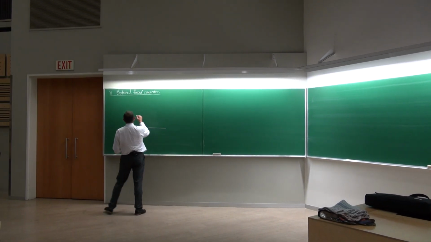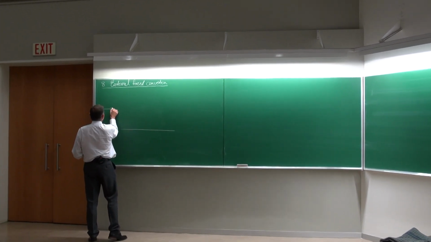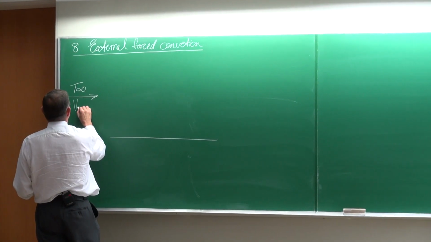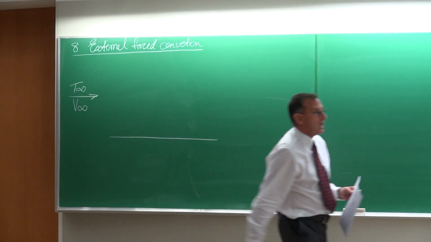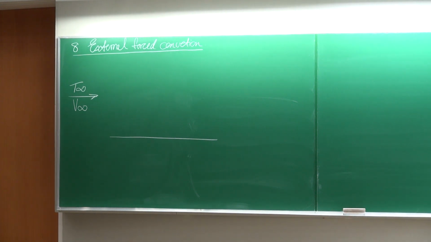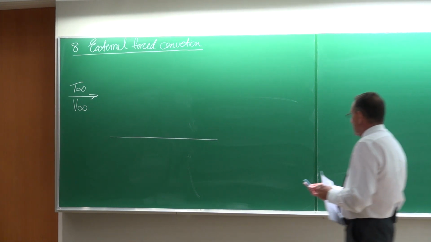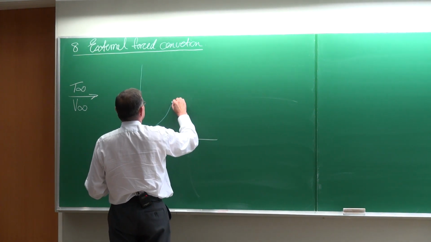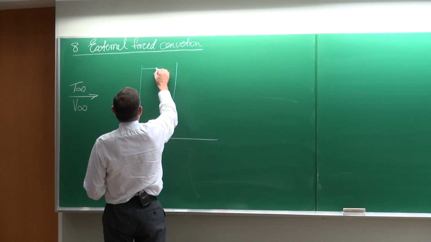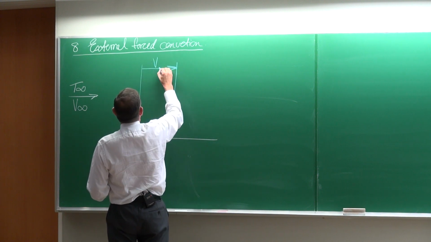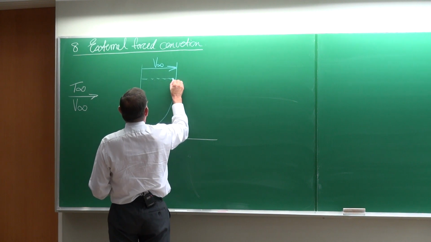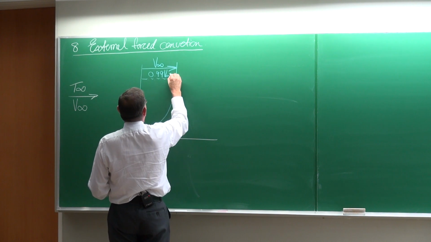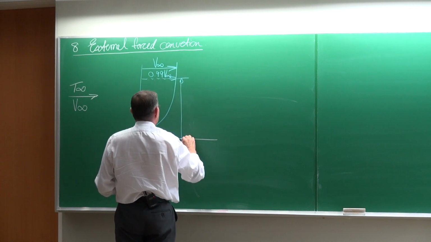Right, so what is the difference between external convection and internal convection? Well, the easiest is to explain it like this. If this is a free stream at a certain temperature T infinite and V infinite, and we look at what happens close to the surface, then we will have the velocity boundary layer doing something like that, and that velocity is V infinite, and that velocity there is 0.99 V infinite, which means that that is the boundary layer thickness.